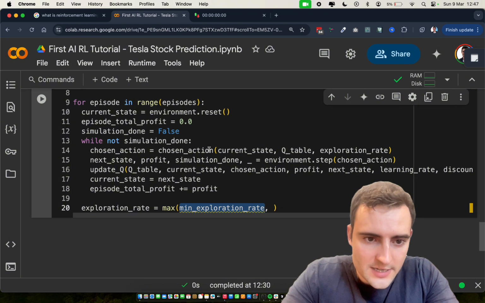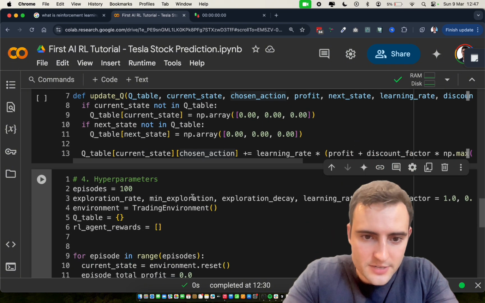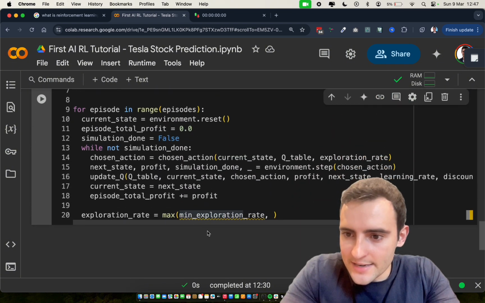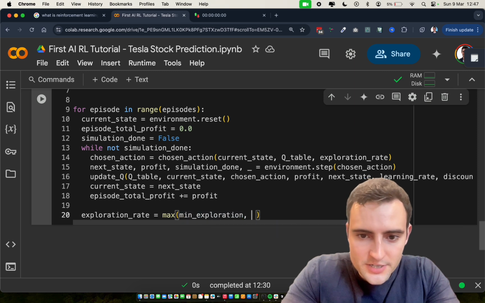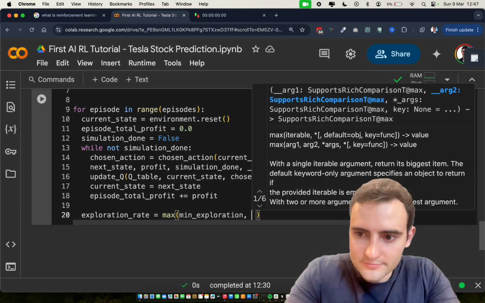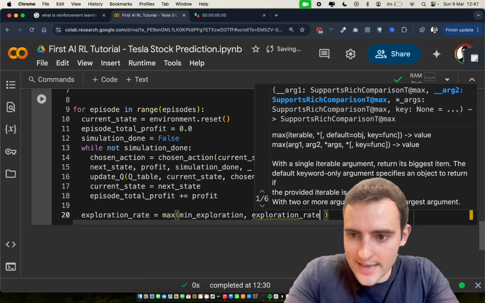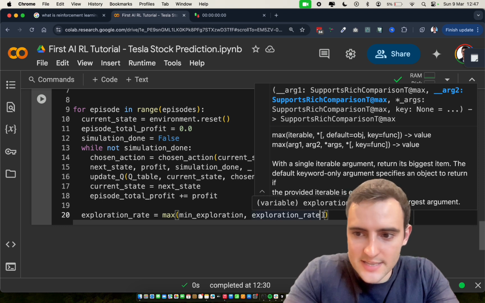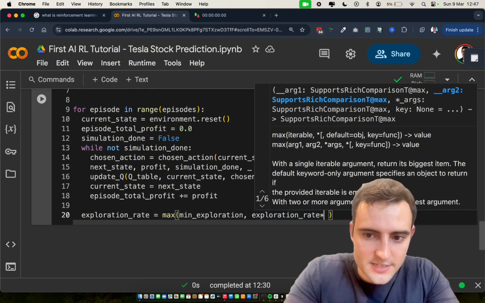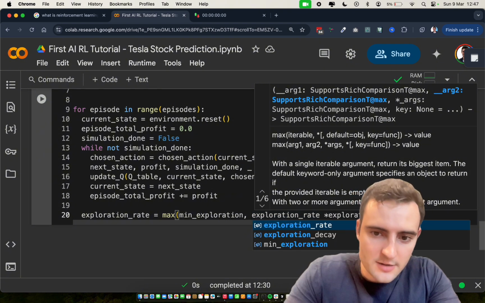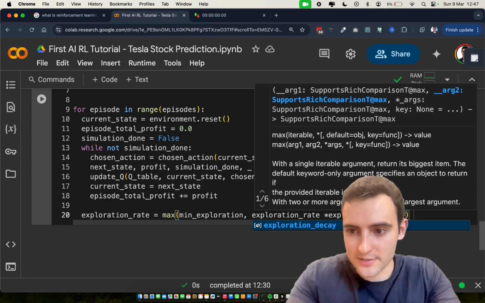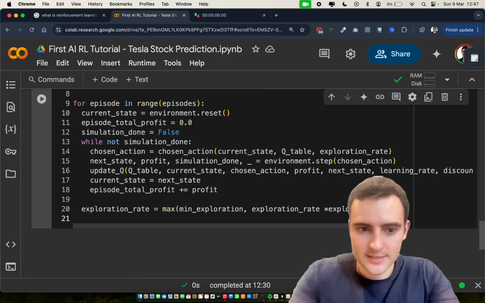So here we write just minimum exploration, and then we write exploration_rate, and that is exploration rate times the exploration decay, because this is the decay that I was talking about. Every day we're going to be exploring less because we've already explored a lot.